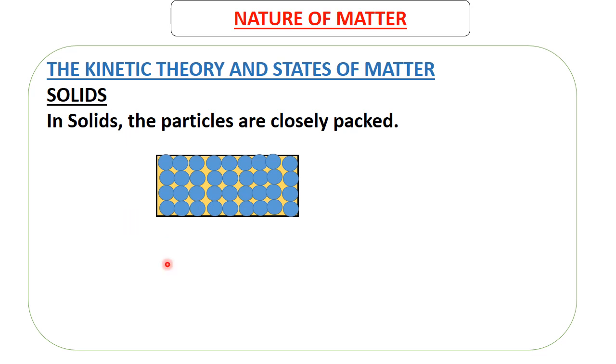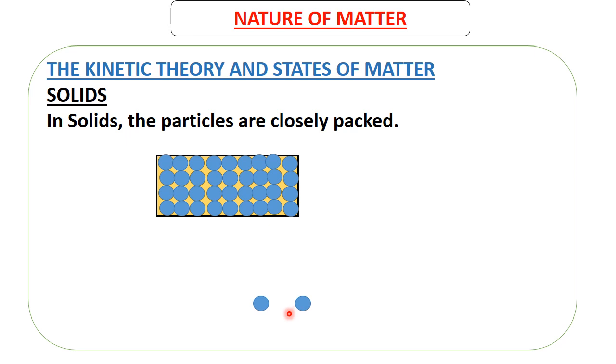Because of this kind of packing, what can we learn about the behavior of these particles? Let's assume that we have these 2 particles here, which are close. One of the postulates of the kinetic theory states that these particles exert forces on each other, which might be repulsive or attractive.